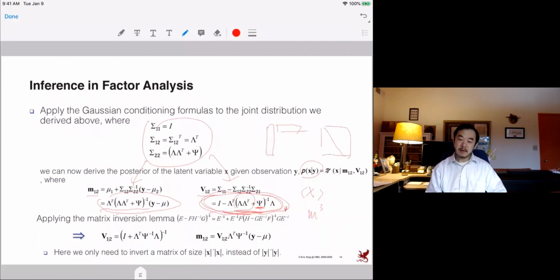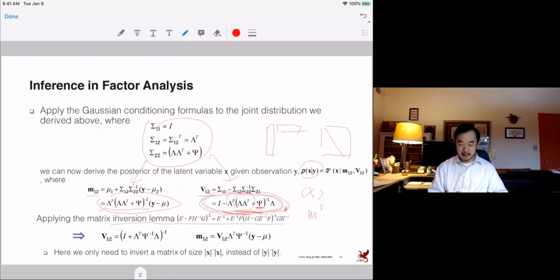Therefore, the whole thing to be inverted is not necessarily a full matrix. In fact, there is another rule called the matrix inversion lemma, which is a little bit difficult to remember.